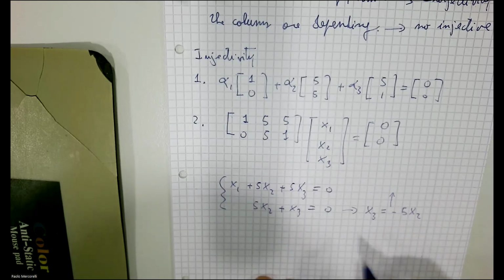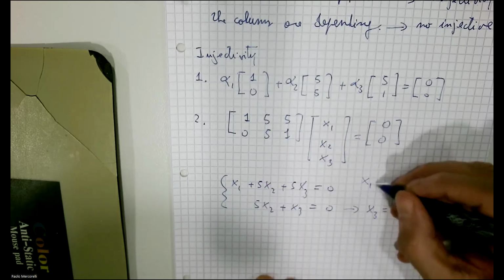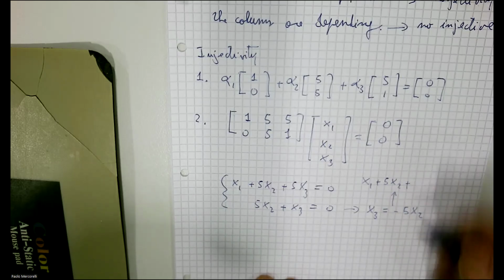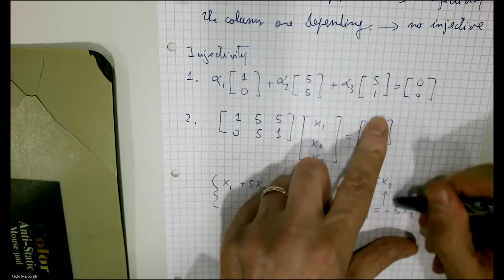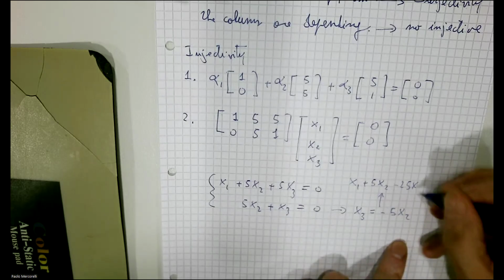If you put here, let me do the calculation together. We have x1 plus 5 times x2 plus, or minus, 25 x2, right? Help me because I am not good in math.